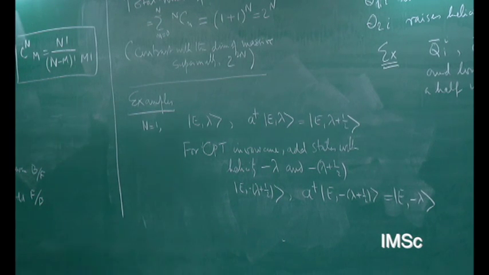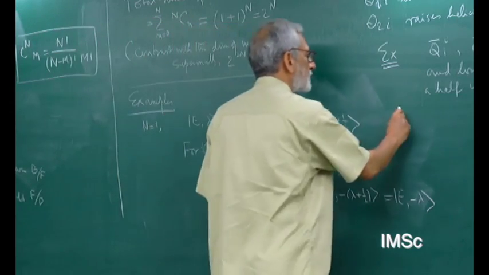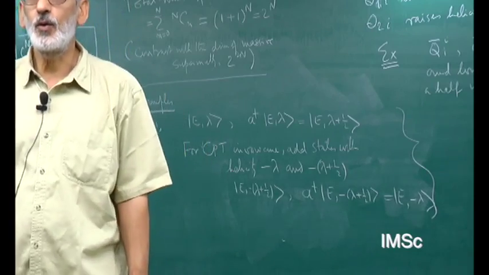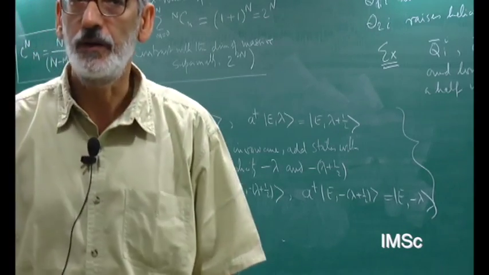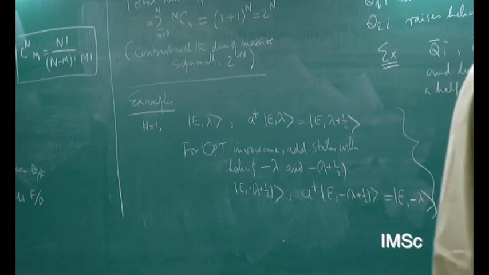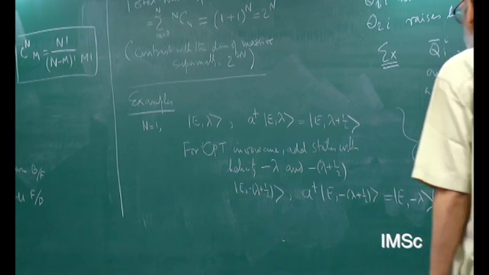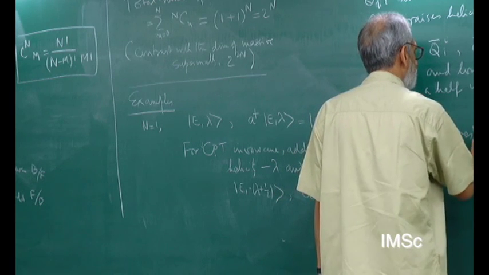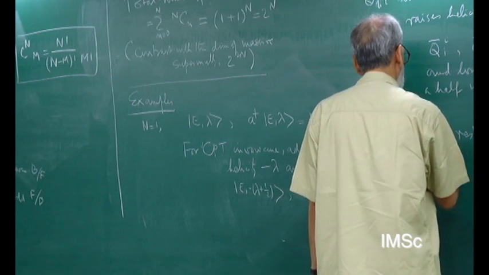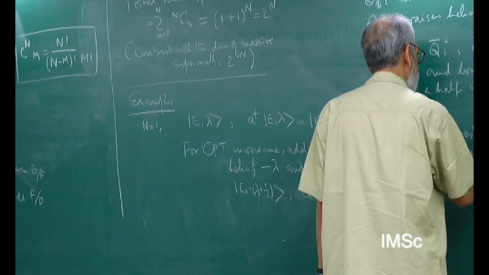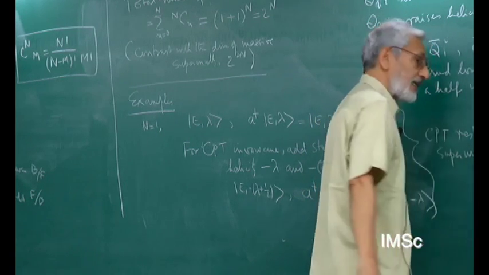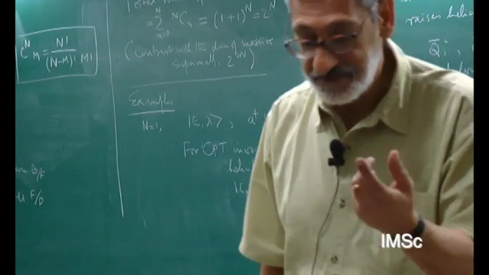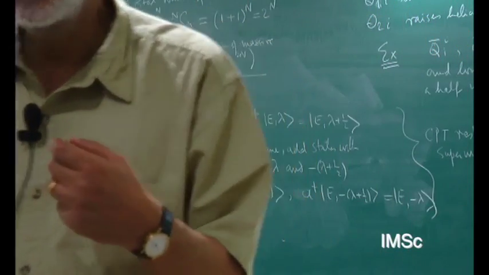So these together will make a CPT respecting n equal to 1 supermultiplet. Clear? So together, the CPT respecting supermultiplet, as a representation of the SUSY algebra, is a reducible representation. It's made of two of them.